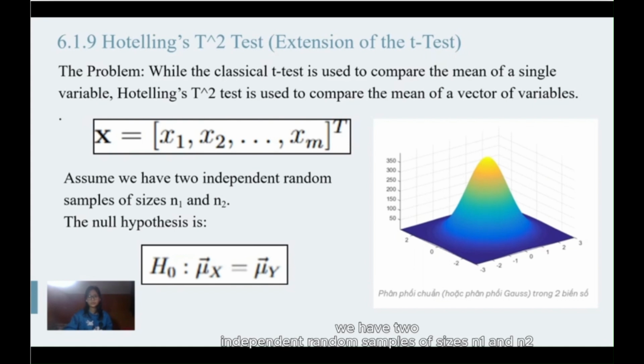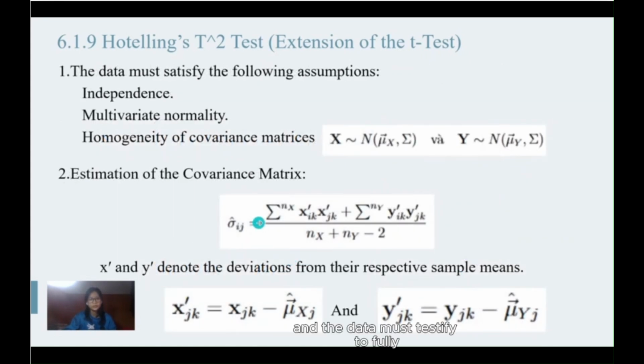So we have two independent random samples, sample 1 and 2. The data must satisfy the following assumptions: independence, where the observation vectors must be independent, and multivariate normality. Samples must be drawn from a multivariate normal distribution.